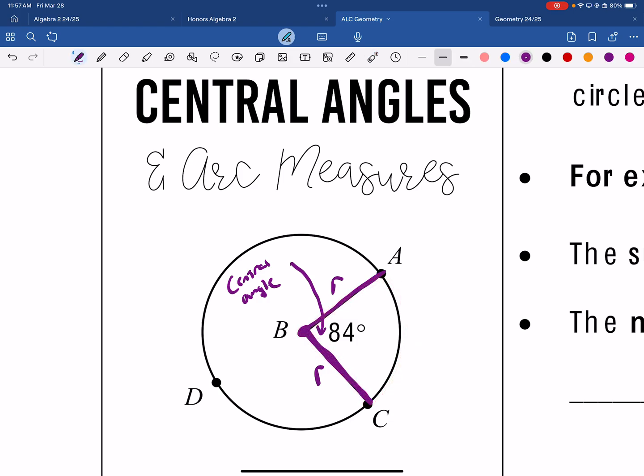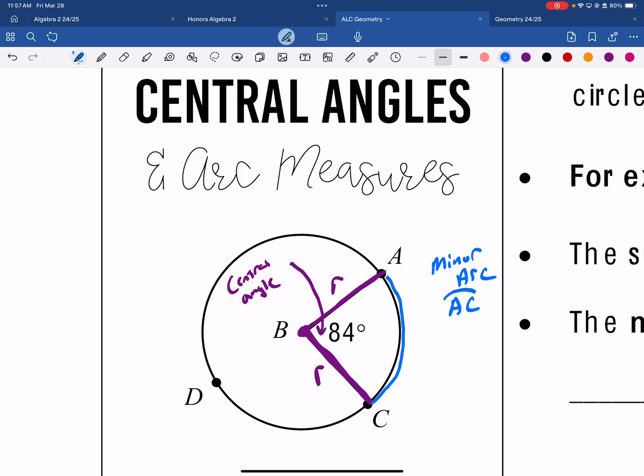I'm going to color this blue, and we called that a minor arc. When we labeled the minor arc, we labeled it with its two endpoints, and we put an arc over the top of it. We'll come back to the meaning of that 84 in just a minute.